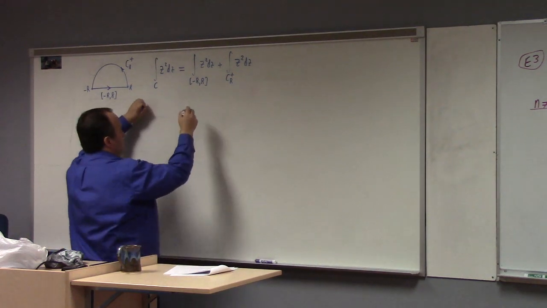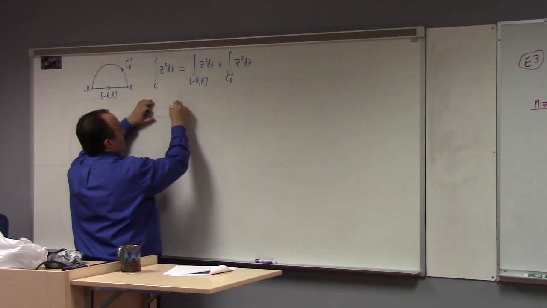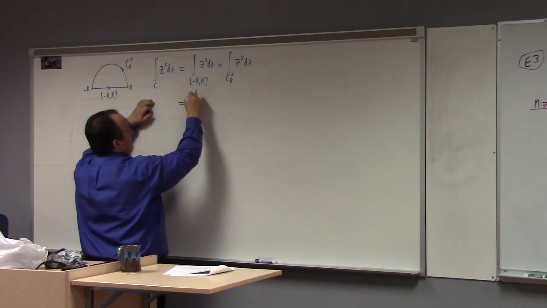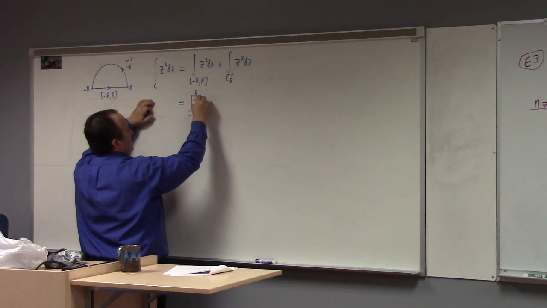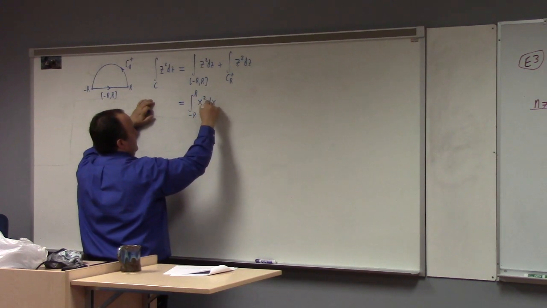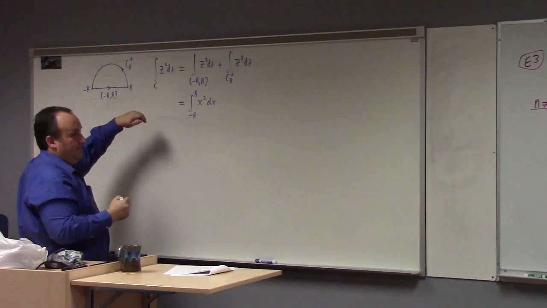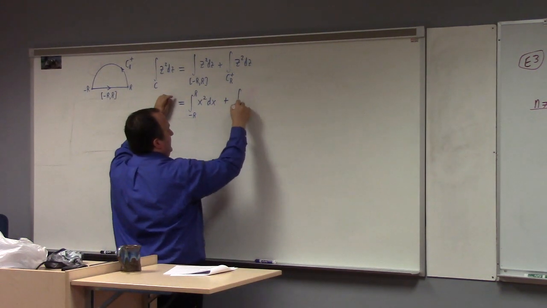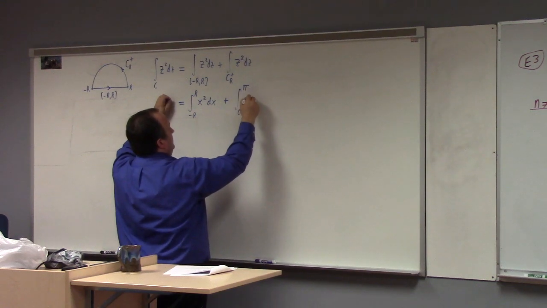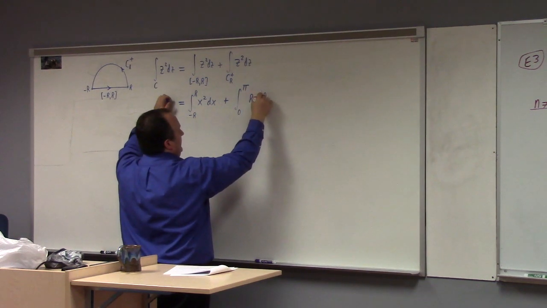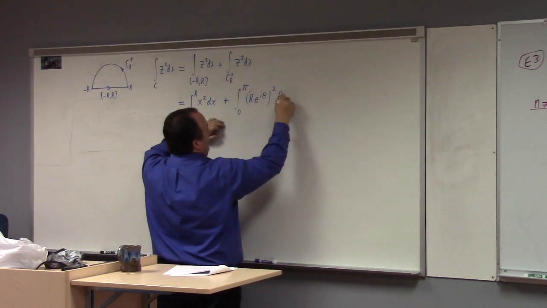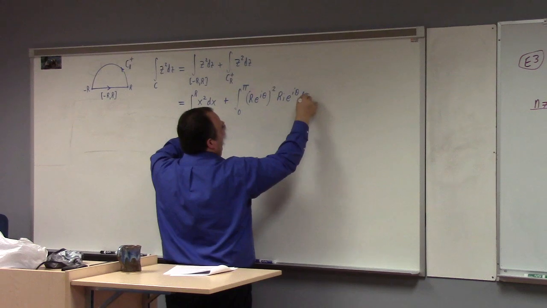So what we're up against here is the integral from minus R to R of x squared dx plus the integral from 0 to pi of (R e^{i theta}) quantity squared times R i e^{i theta} d theta.